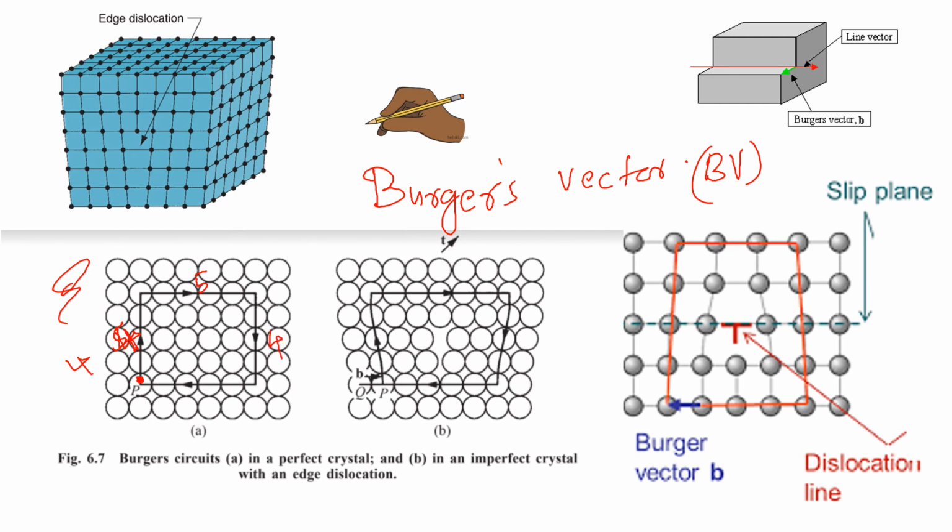Again back 4 units downward, and again 5 units. Now we reach back to the point P, and what we traced now is known as the Burger's circuit.